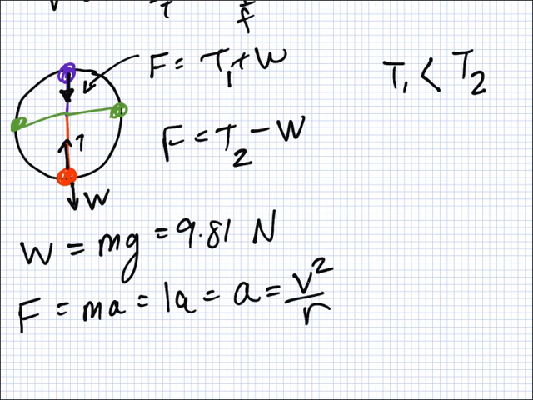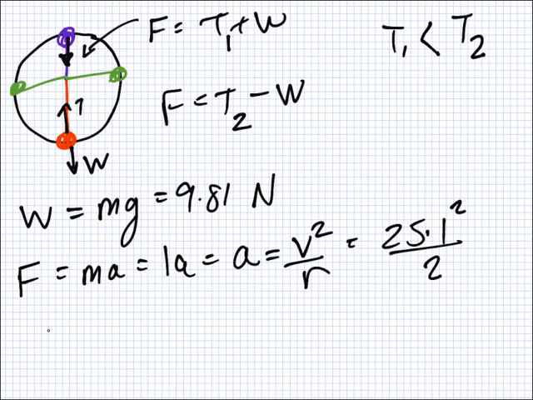Do we know v squared? What was it? 25.1 squared over 2. Okay, so what's the F here? 315 newtons.